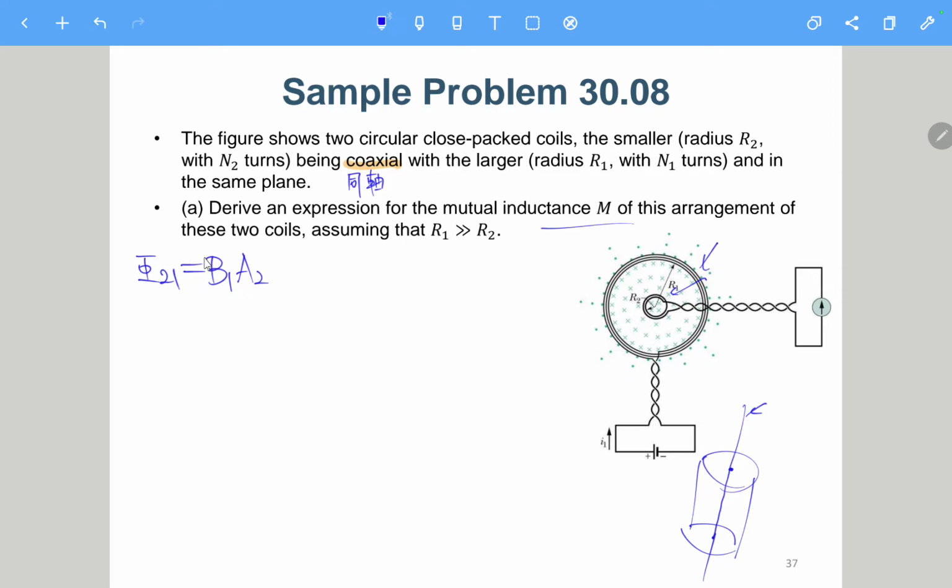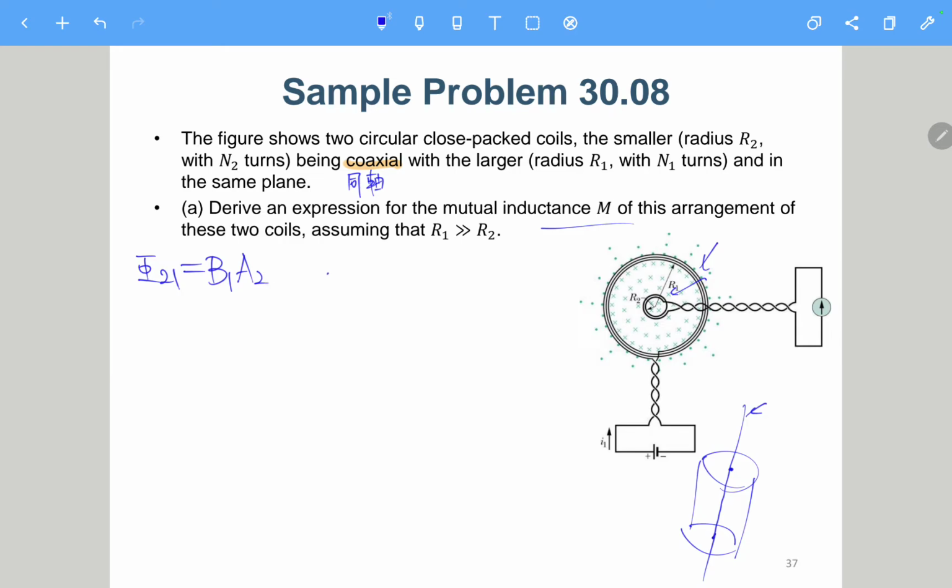Originally phi is only B times A. Here it means that we have current from the first coil, so the B field is actually generated by the first coil. So here we put B1. And for the A2, rather than calculating the whole area for coil 1, we generate induced EMF for the second coil, so we only count the cross-section area of the second coil. So we have A2 here. So B1 times A2.